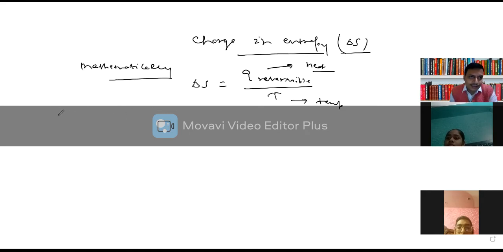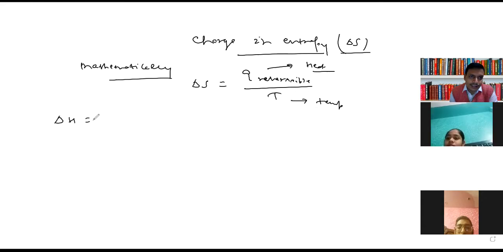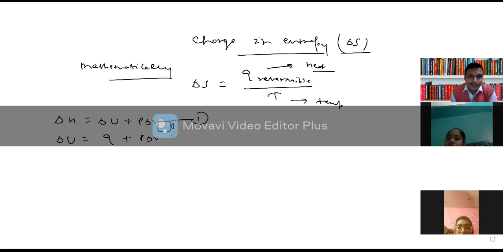Let me define first. You know already delta H is equal to delta U plus P delta V. That is equation first. And delta U, that is internal energy change, is equal to Q plus P delta V. Equation second. But in both cases, work done on the system.